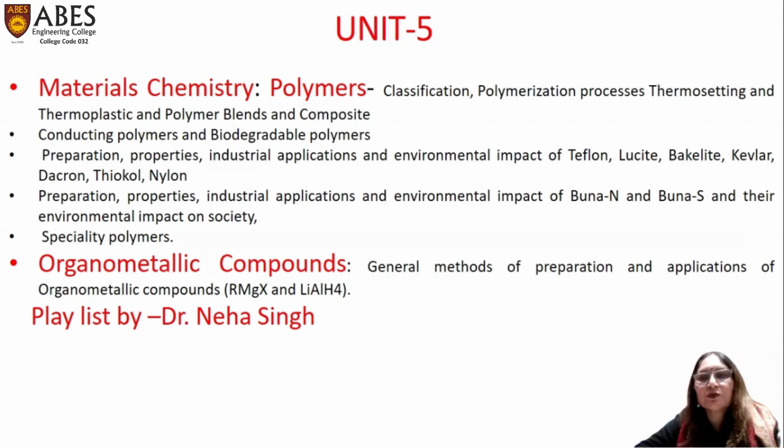Organometallic compounds are those compounds which contain carbon-metal bonds. In these, we will discuss the Grignard reagent and lithium aluminum hydride. The complete playlist of lectures from Unit 5 will be delivered by Dr. Neha Singh.